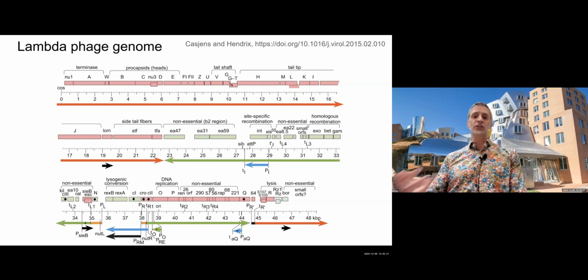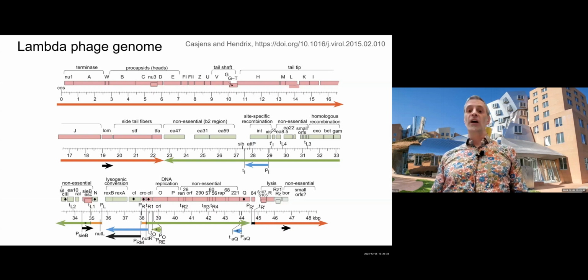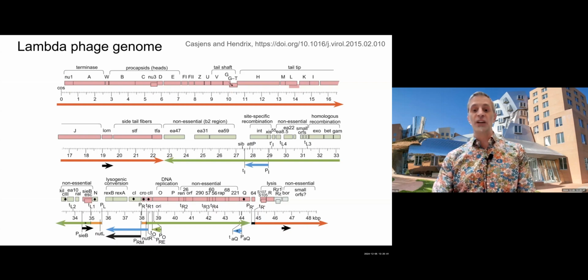Okay, so it has to do all of this with a fairly small number of components, especially because most of these components are just part of the housekeeping machinery of the phage itself. So there's not a lot of room in here to encode a lot of logic.